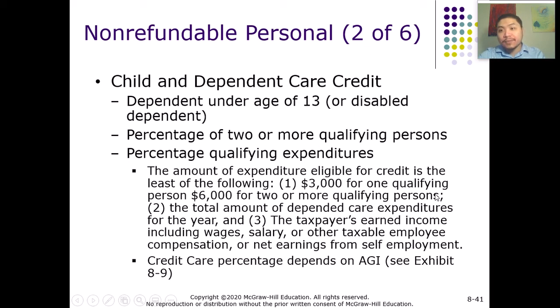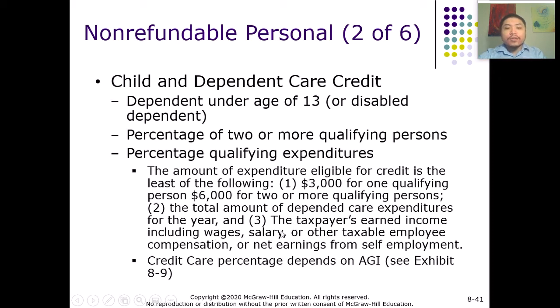So if the taxpayers have one qualifying dependent, they can use $3,000 as an expenditure, or if the taxpayers have more than one, maybe two or three, then they can use $6,000 as the amount of expenditures to calculate the tax credit. Alright, so that's the first category. The second category is going to be the total amount of the dependent care expenditures for the year.